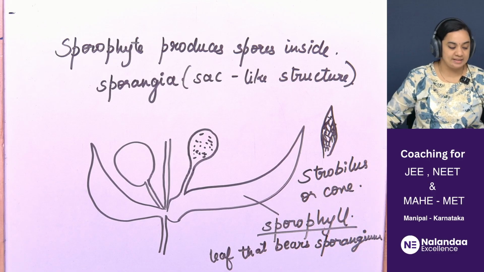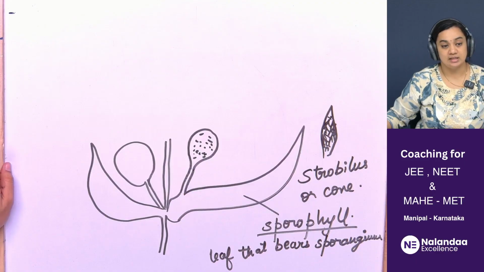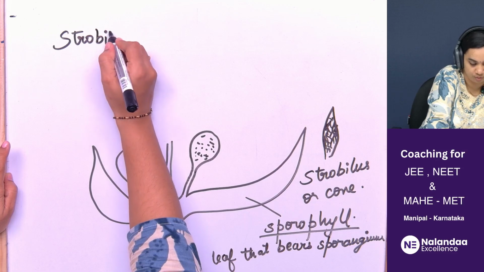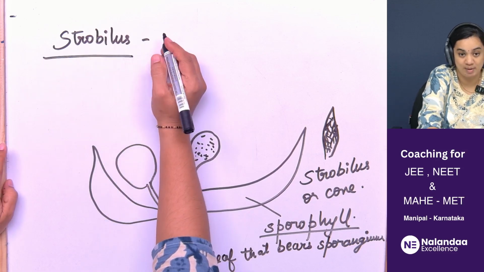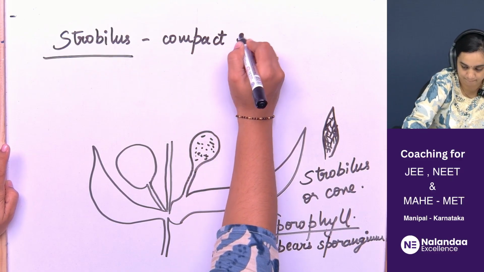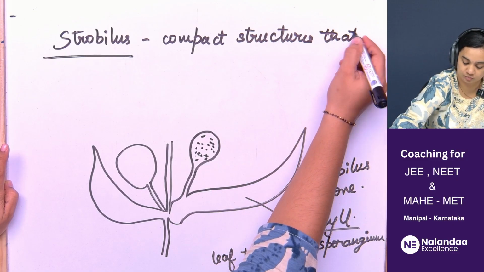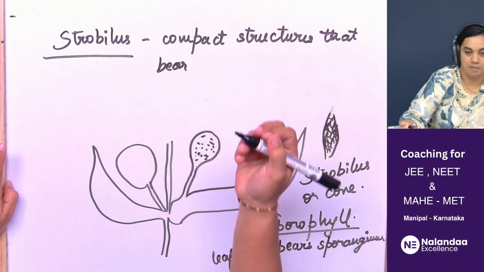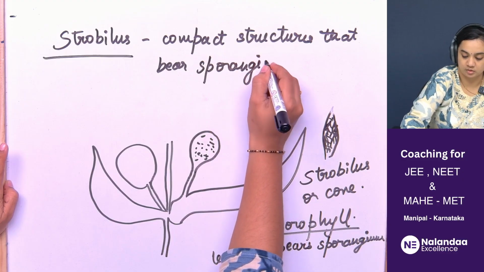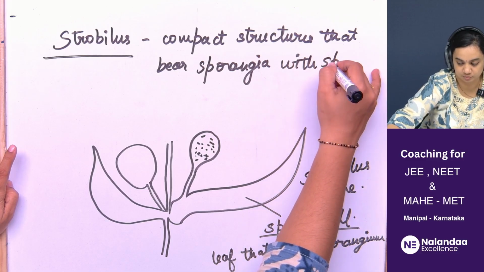Okay, strobilus or cones are compact structures that bear spores. Strobilus singular, strobili plural. Okay, compact structures that bear sporangia with the spores.